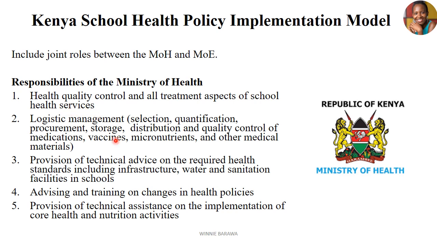The Ministry of Health also ensures logistic management, for example where there's need for selection, quantification, procurement, storage, distribution, and even quality control of medication, vaccines, micronutrients and supplements or medical materials that need to be given to the school programs.